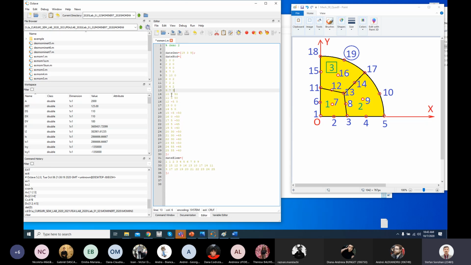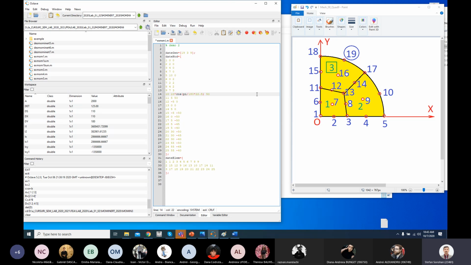So for node 10, I will take on x 10 times cosinus from pi, pi is a constant, divided by 180 times 22.5.